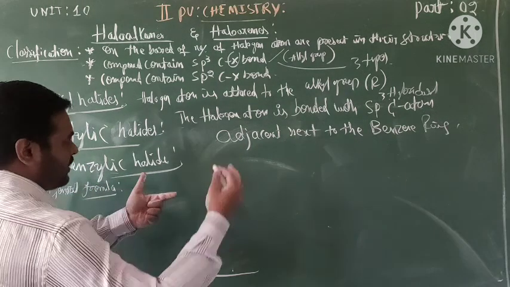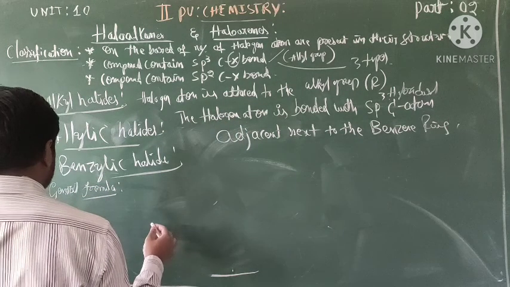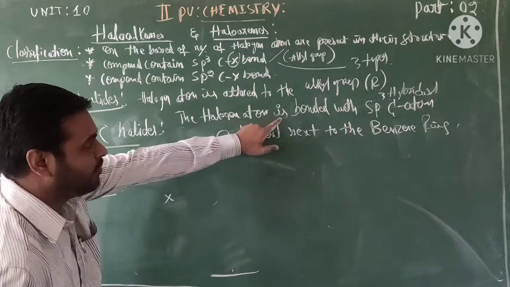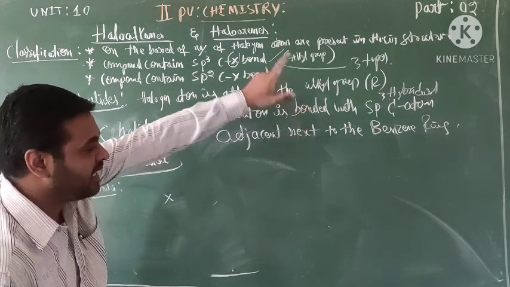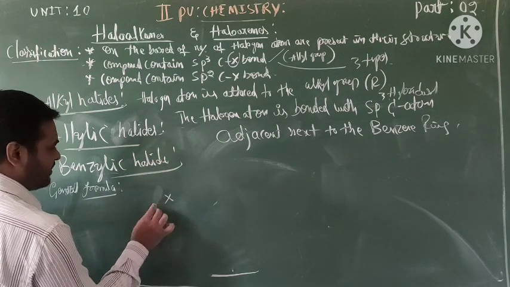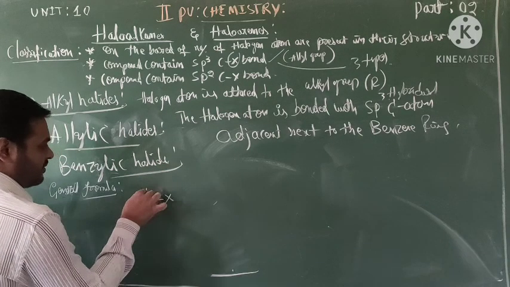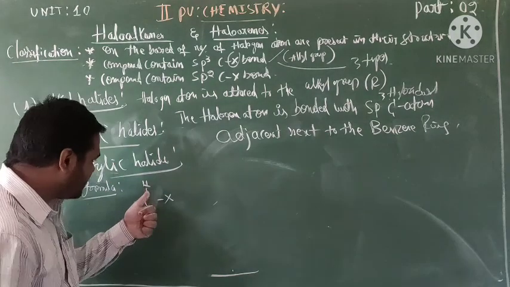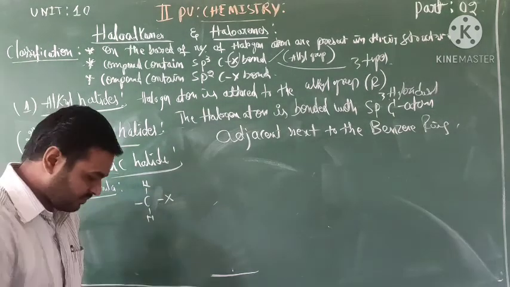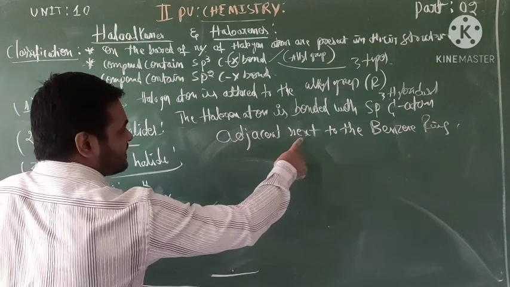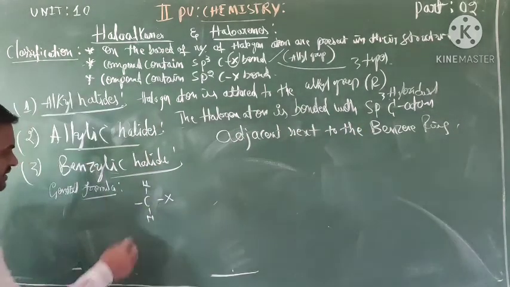The halogen atom is bonded with an sp3 hybridized carbon atom. The sp3 hybridized atom means H. Okay, 1, 2, 3, 4, next to, adjacent to the benzene ring.